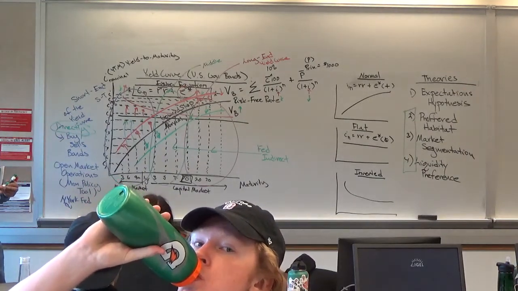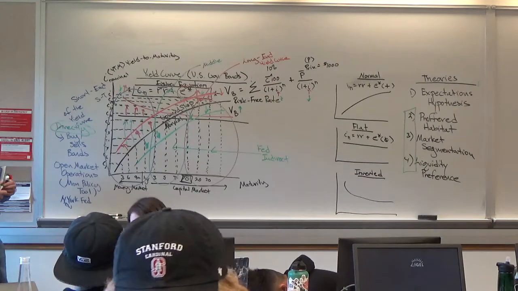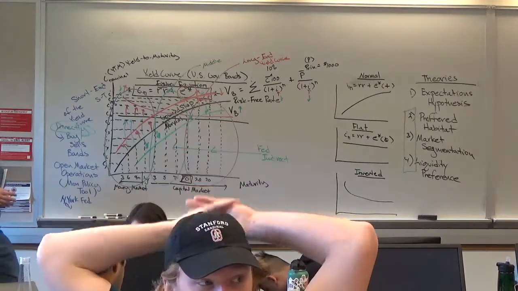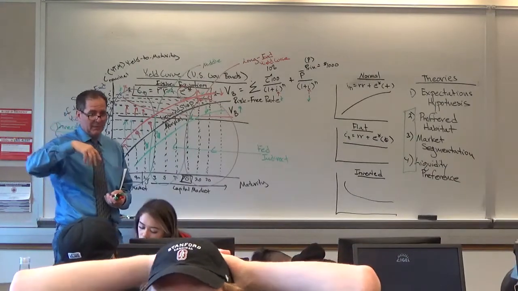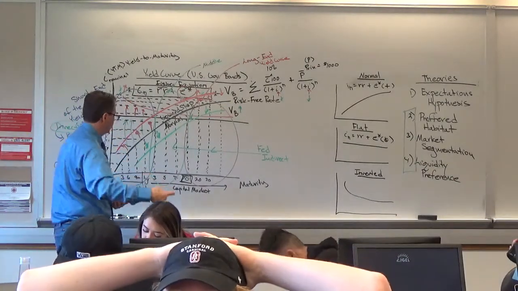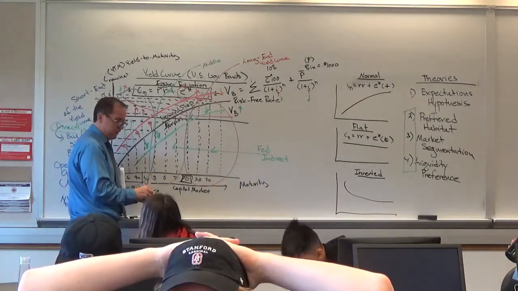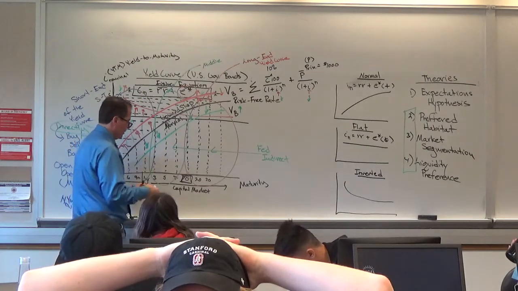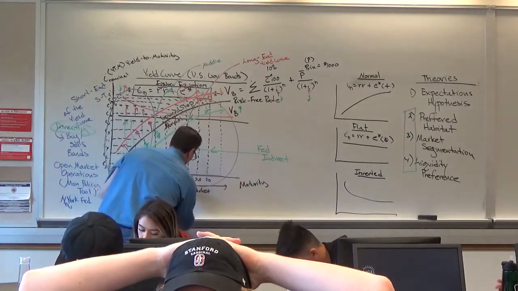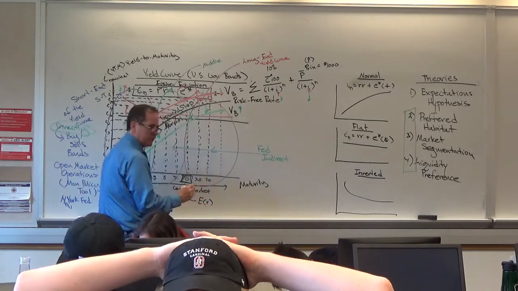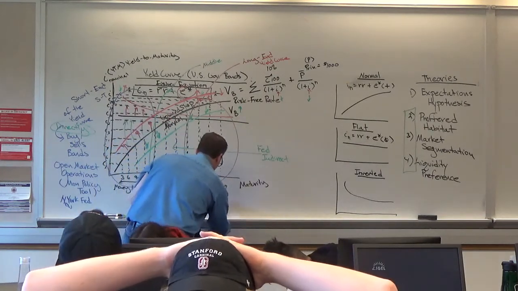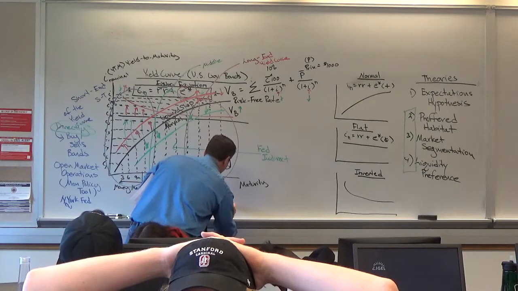You said all debt and equity securities? Yes, all debt and equity securities. So if I'm going to issue a stock, the first thing I'm going to probably do is go to the 10-year treasury yield. And I'm going to price my cost of equity, either the expected return on the equity or the cost of the equity.